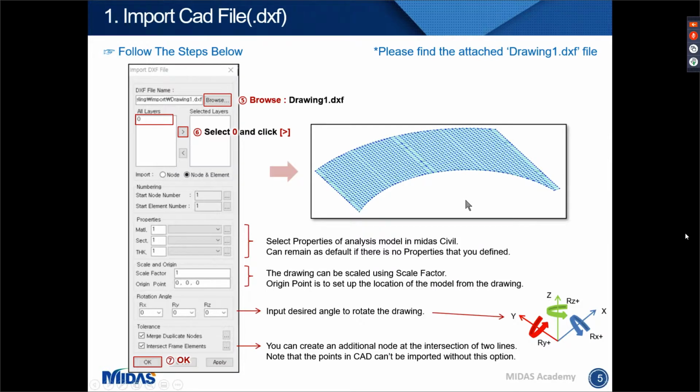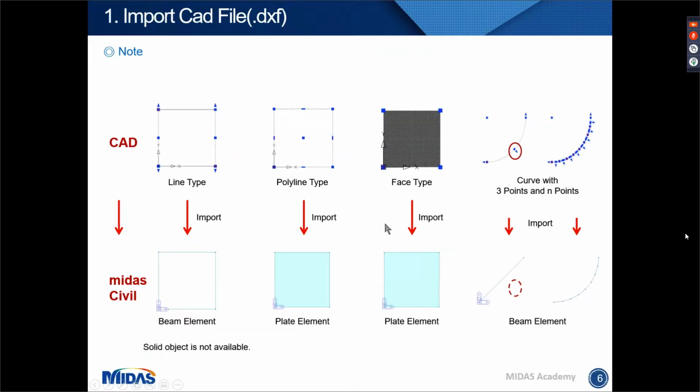Here, notice that these are the possible types of line and face from AutoCAD, which are possible to import to MIDAS Civil. So line type will be imported as beam element in MIDAS Civil, and polyline type in CAD will be a plate element in MIDAS Civil, and face type as well will be plate element.